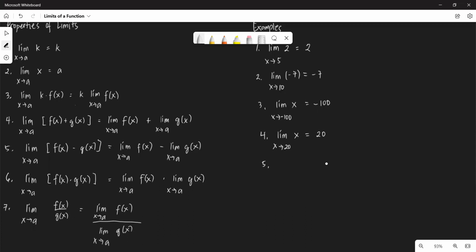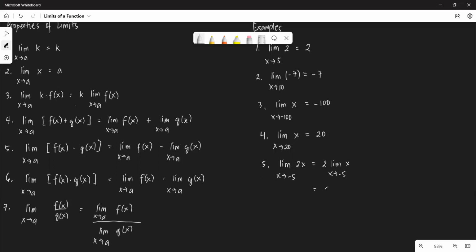Okay. So next example is if we're going to put a coefficient before x, or we multiply a constant to x and get the limit as x approaches, let's say, -5. So using property number 3, we put the constant before the limit of x as x approaches -5.